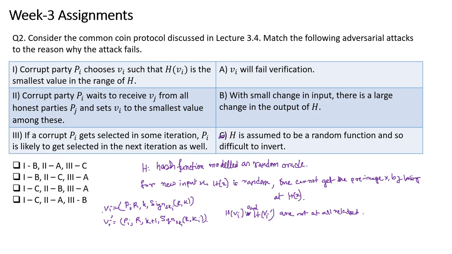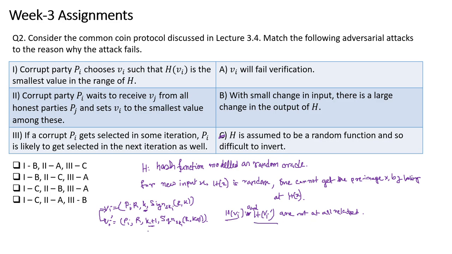Although vi and vi dash have some similarity in the input string, due to this small change, k and k plus 1, and also because the signature will be different for different values, for a small change in the input of the hash function, the output will be completely random.